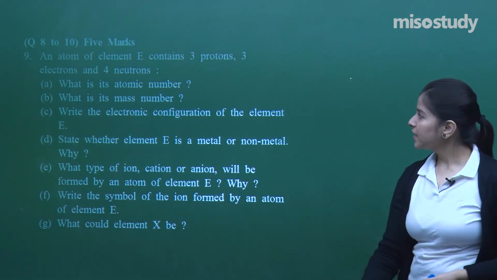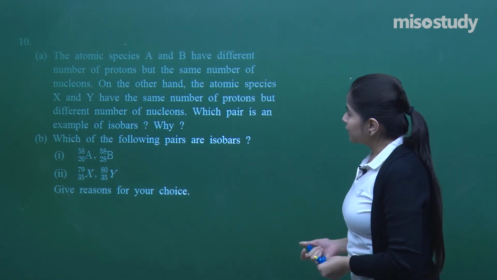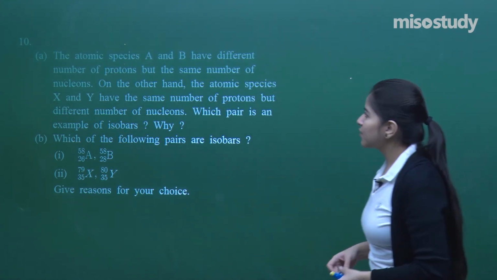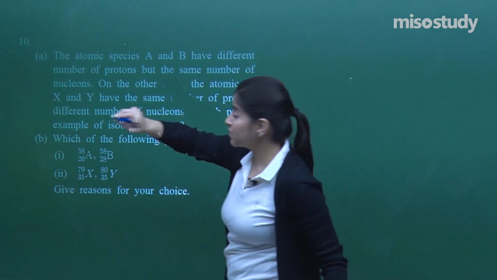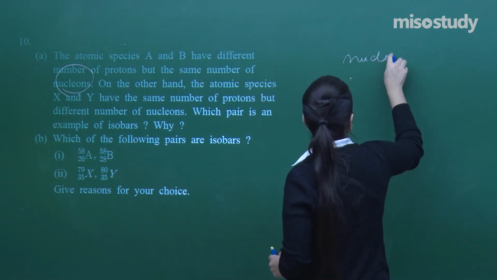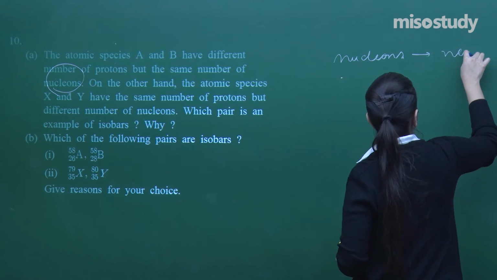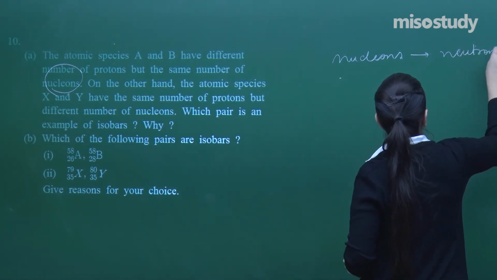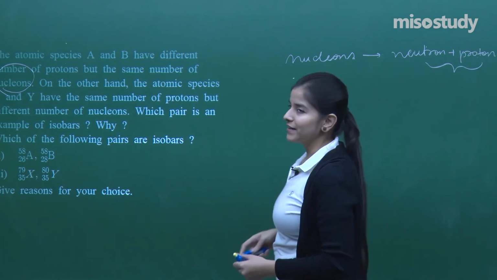Fine. Now the last question. The atomic species A and B have different number of protons but the same number of nucleons. First of all, what is this term nucleon right here? You know what nucleon is? Neutron plus proton is nucleon, altogether the nucleus.